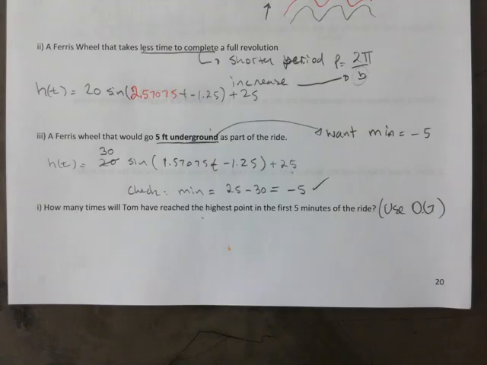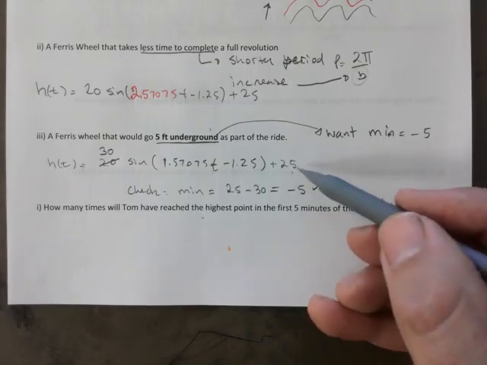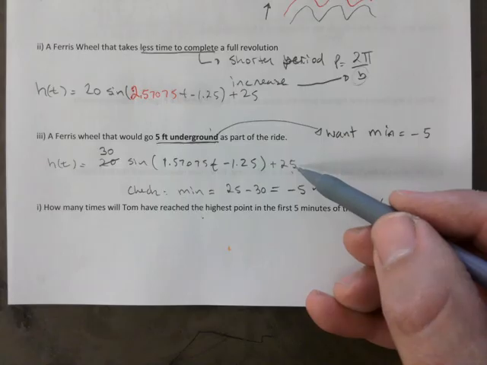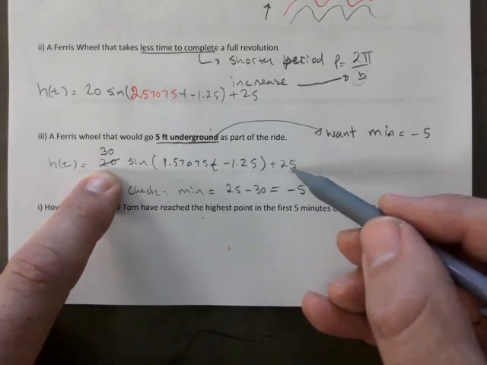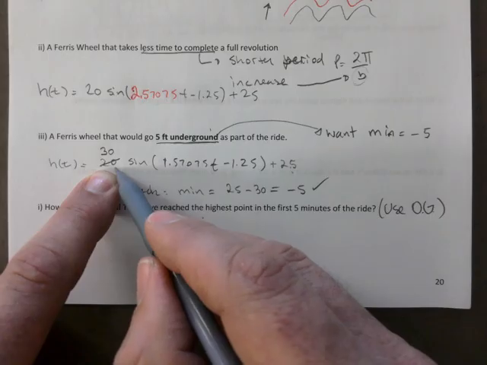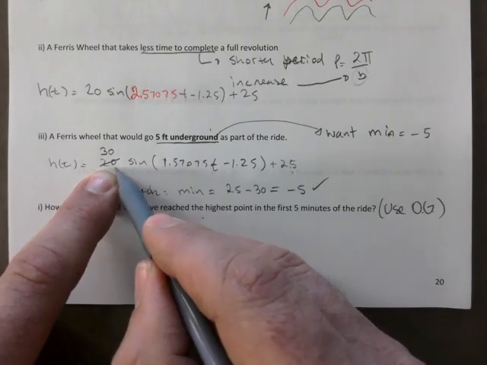Would there have been a different method of doing this? Has anybody tried something else? Because there are other ways. Anybody? You could have brought this down to 15 and left this at 20. Because if this is 15, what is 15 minus 20? It's also negative 5.